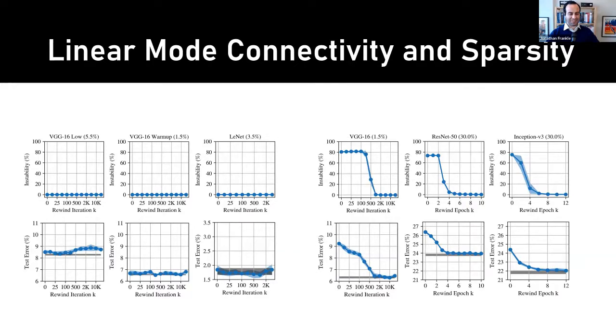Let's see, does increasing sparsity mean instability goes down earlier? That is, is there a linear relationship between increasing sparsity and decreasing the time at which the switch to instability happens? A little bit, if I recall correctly, but it doesn't actually seem to matter that much. The sparsities I'm showing here are the most extreme sparsities where we could find networks that matched full accuracy, so this is kind of the most difficult possible scenario.